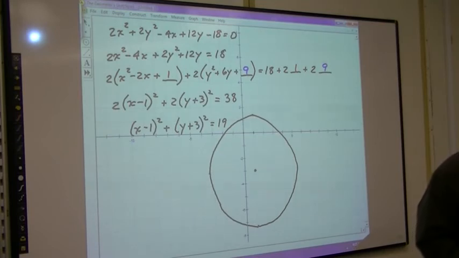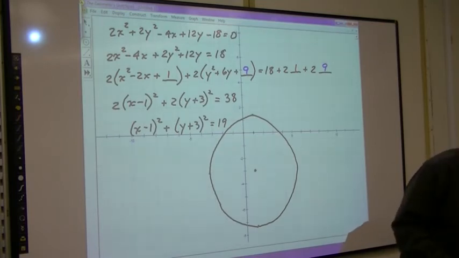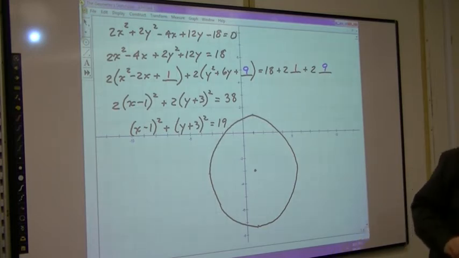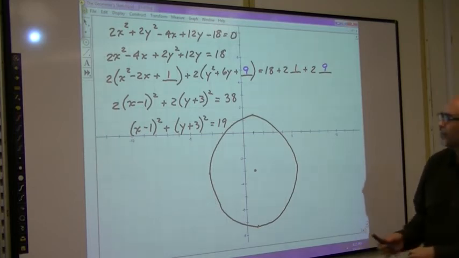All right, take a look at page 628 in the homework, and let's just do number 37 together. We've got the endpoints of the diameter of a circle are at (2, 3) and (−6, −5).